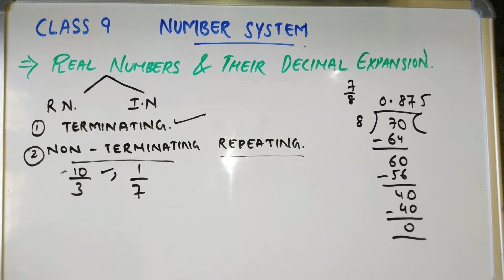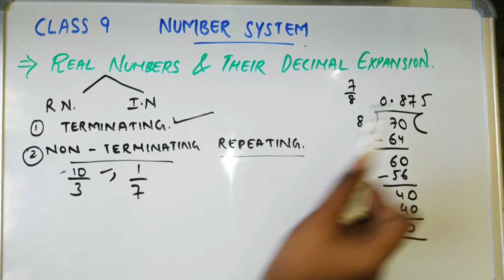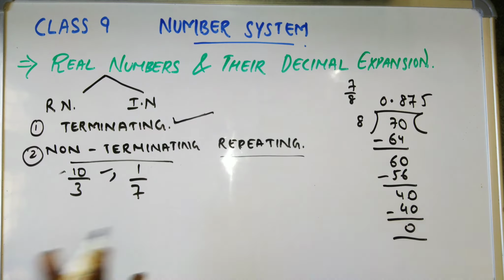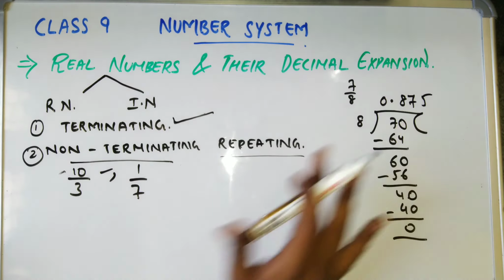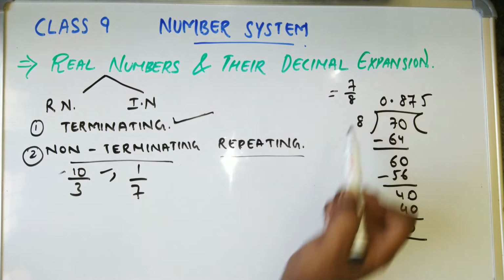Now you observe here, I am getting remainder as 0. That means it is terminating, and you can observe that the quotient is not repeating, it has stopped there. 0.875 will be the decimal expansion of 7 by 8.